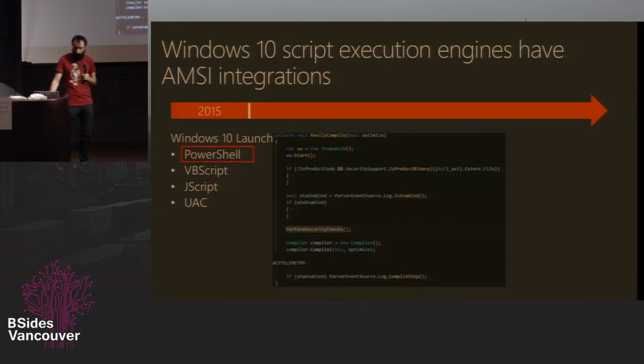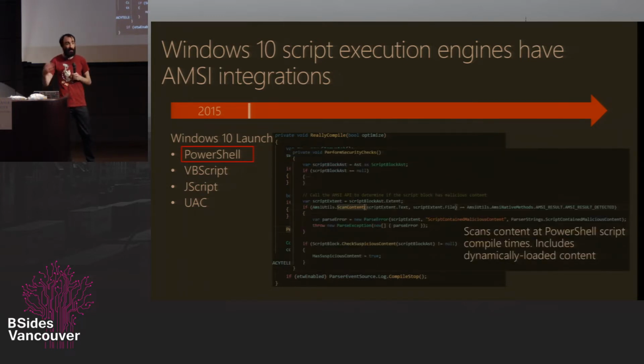PowerShell, first of all, is open source. You can check out all the source code on GitHub, but it creates an AMSI call every time PowerShell code is compiled. At compile time, it creates a call into the AMSI product with the whole PowerShell content.